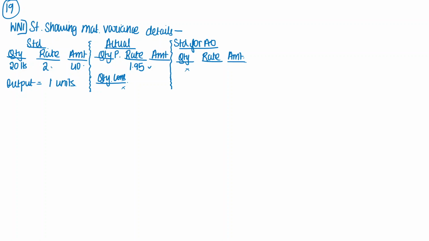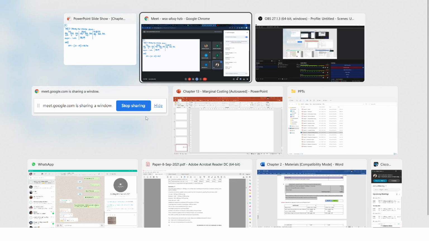Material price variance is equal to standard rate minus actual rate into actual quantity purchased.